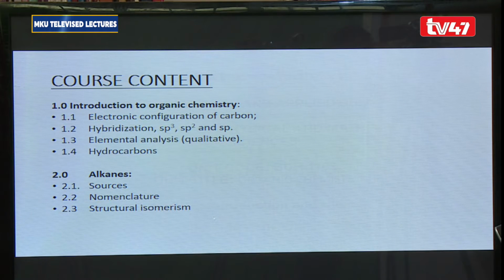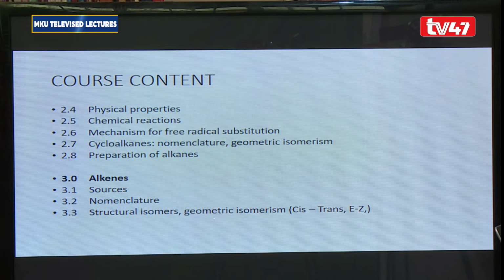Then we have alkanes: sources, nomenclature, structural isomerism, physical properties of alkanes, chemical reactions, mechanisms of free radical substitution, cycloalkanes, nomenclature, geometric isomerism, preparation of alkanes.